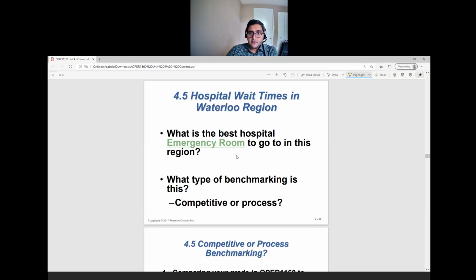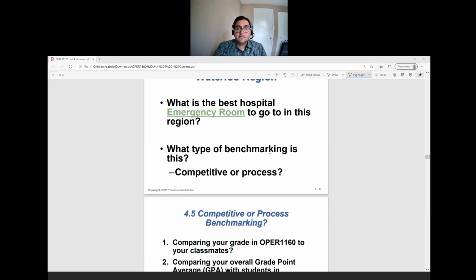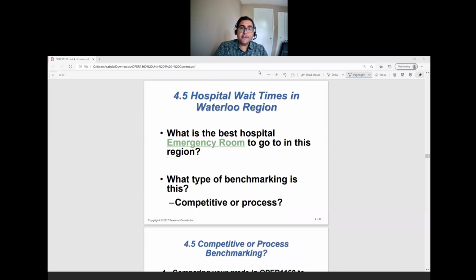One of the examples is, let's say we are trying to compare the hospital wait times in the Waterloo region. What is the best hospital emergency room to go to in this region?